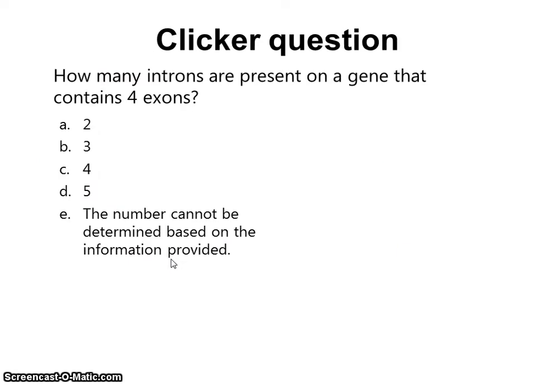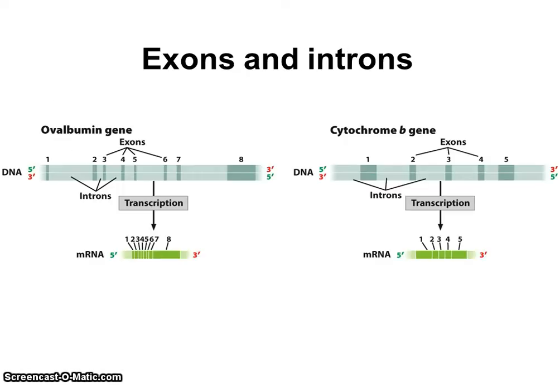As a clearer question, how many introns are present on a gene that contains 4 exons? If you need to pause this and take a look at the slides, go back and look at that gene structure in the previous slide, you can go ahead and do that. It turns out that the number of introns is directly related to the number of exons.